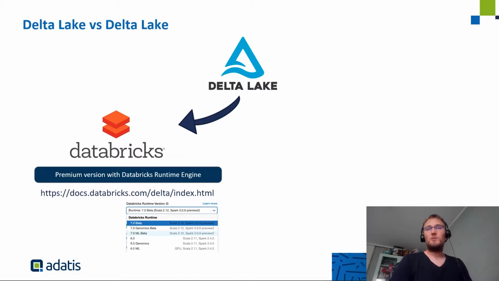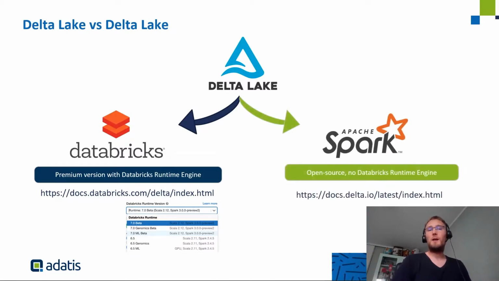But we can also decide that we want just a free version. We can download it from GitHub, and all the documentation on what's available in the free version we can find on the Delta.io website. The main difference between the two is mainly the optimization mechanisms at the moment.